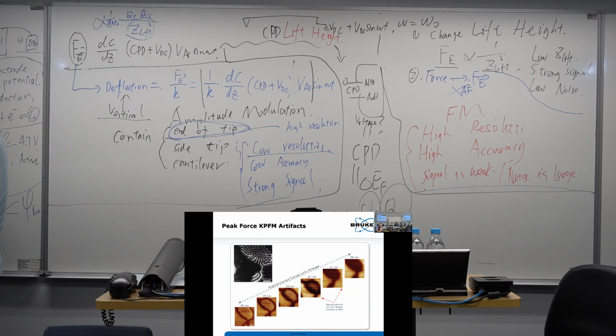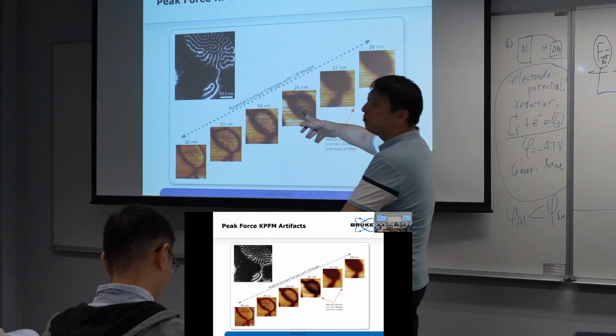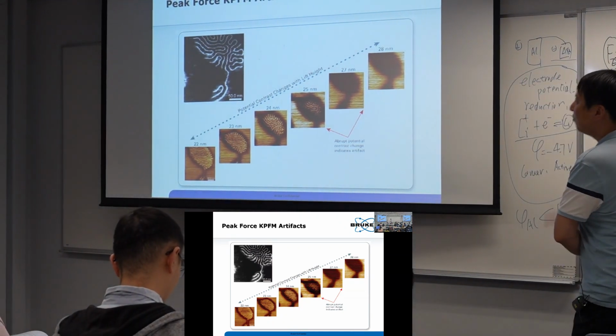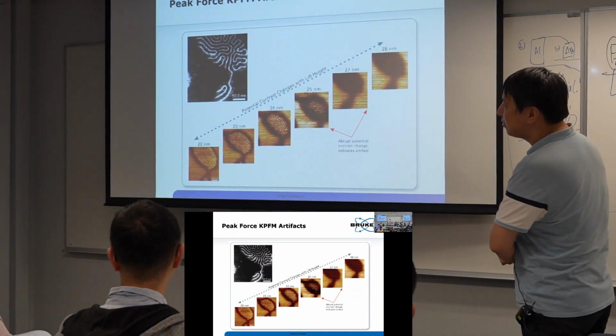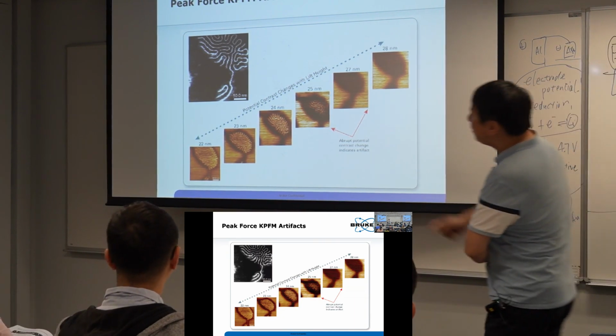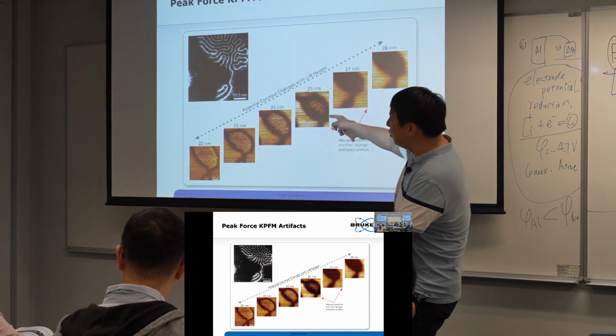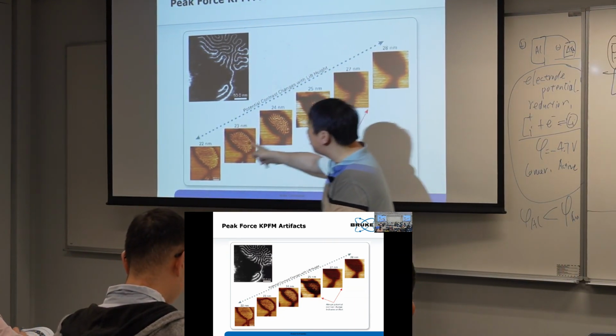But if we reduce the lift height from 27 to 25, we can show details here. And these details should not come from the charge. They come from the morphology or from the atomic force. And if you reduce the lift height more, you can see these details more clearly.